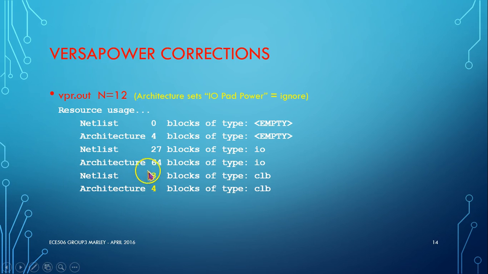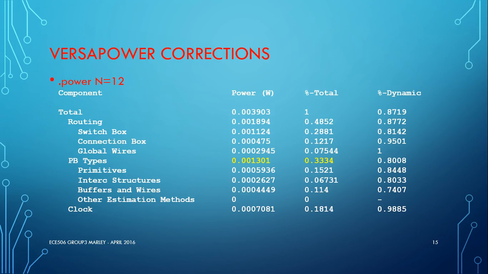The netlist, our application, is going to want 3 blocks, but the architecture can only give it in a group of 4. Usually it has to be an even number. And VersaPower will greedily count all 4, even though only 3 of them were used and the 4th one is unused. It gets counted. So we have to figure out how to subtract that off.